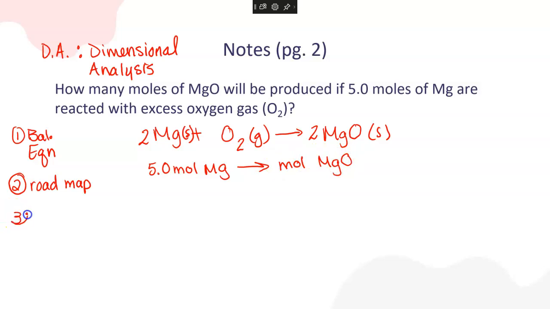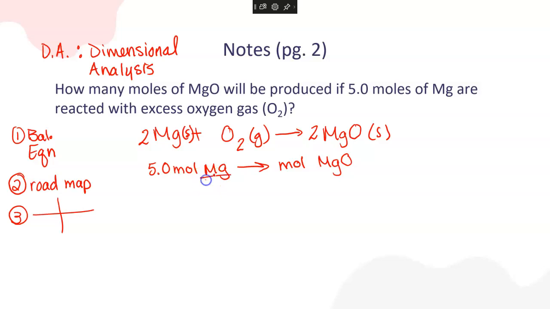So now I can do my third step, which is my train track method. And this follows the new mole map or stoich map that you guys just got from me. It is the middle part, okay? Where what you start with is on the far left and what you end with is on the far right. And in the middle is our mole ratio to change our substance, okay?